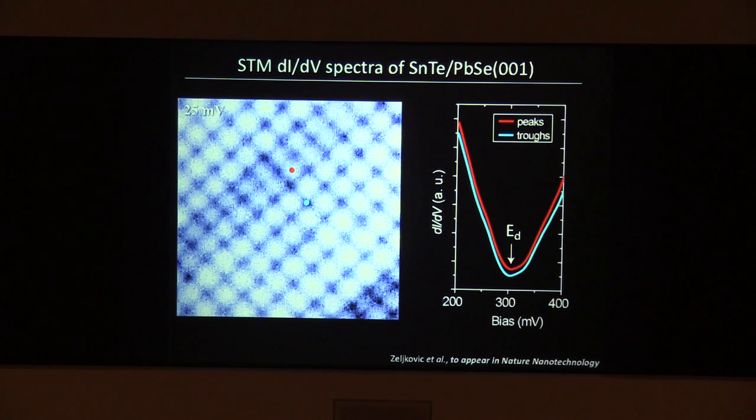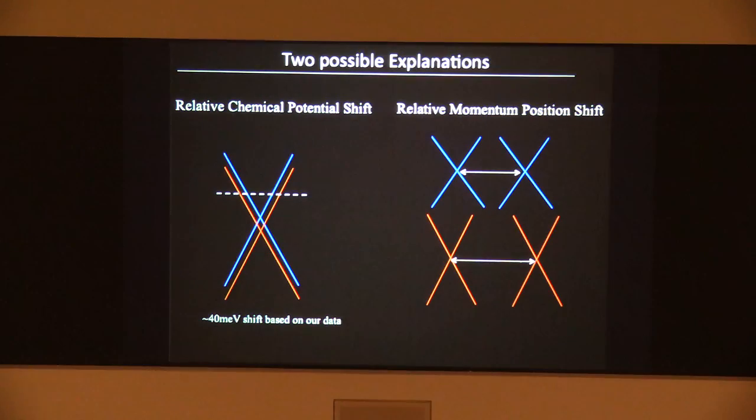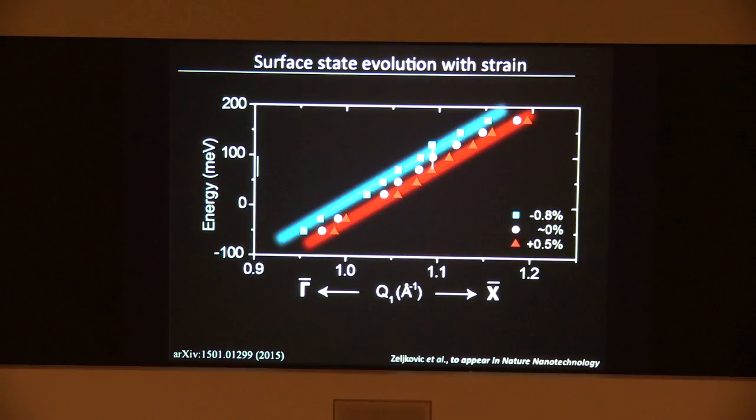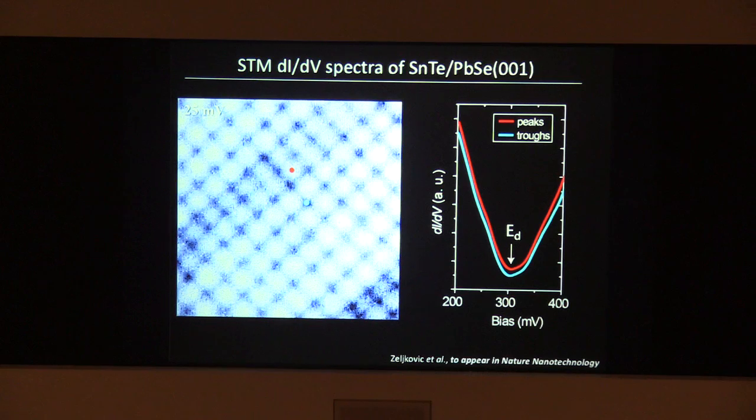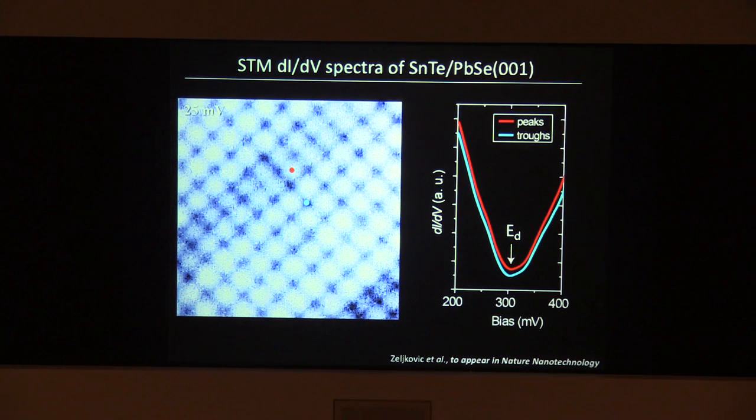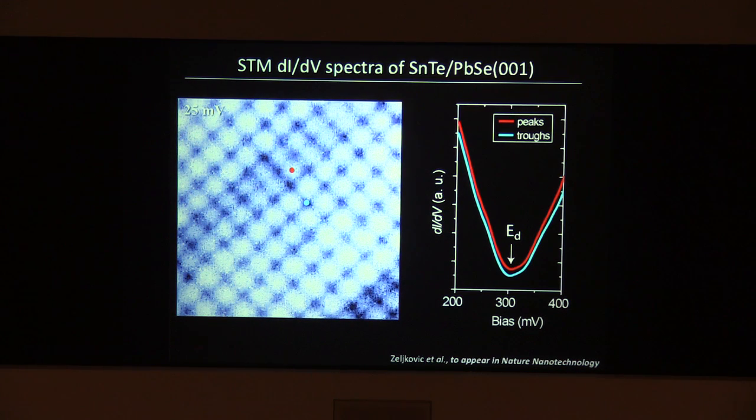Look at this axis, this is 100 millivolts, this is 50 millivolts. To actually get this would be a shift of about 30 to 50 millivolts in energy. So you should clearly see one of these spectra shifted along the x-axis with respect to the other if there were a potential variation. So this is not a simple potential variation in the system.